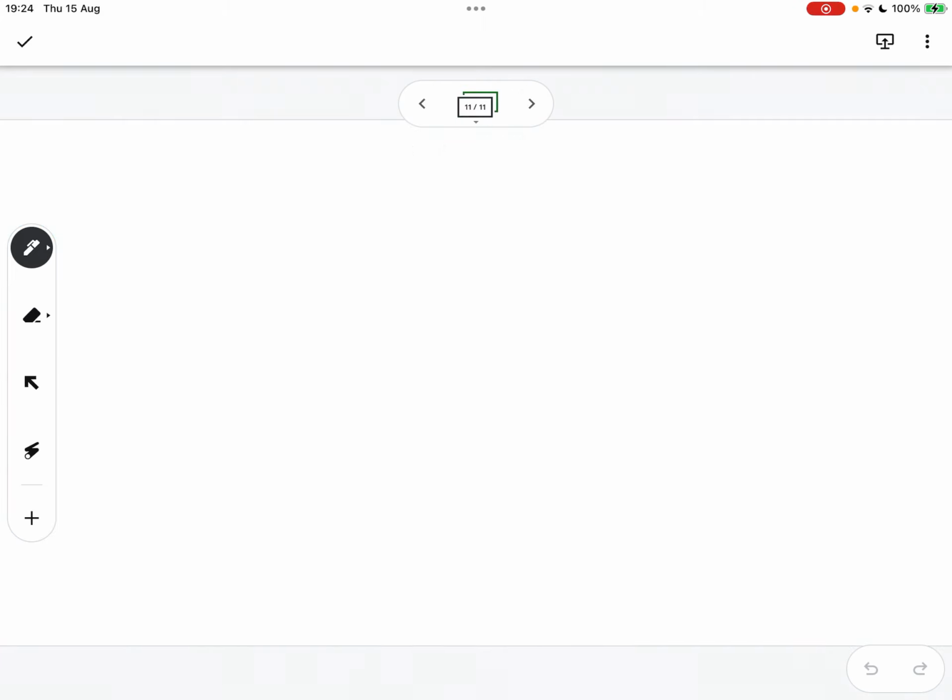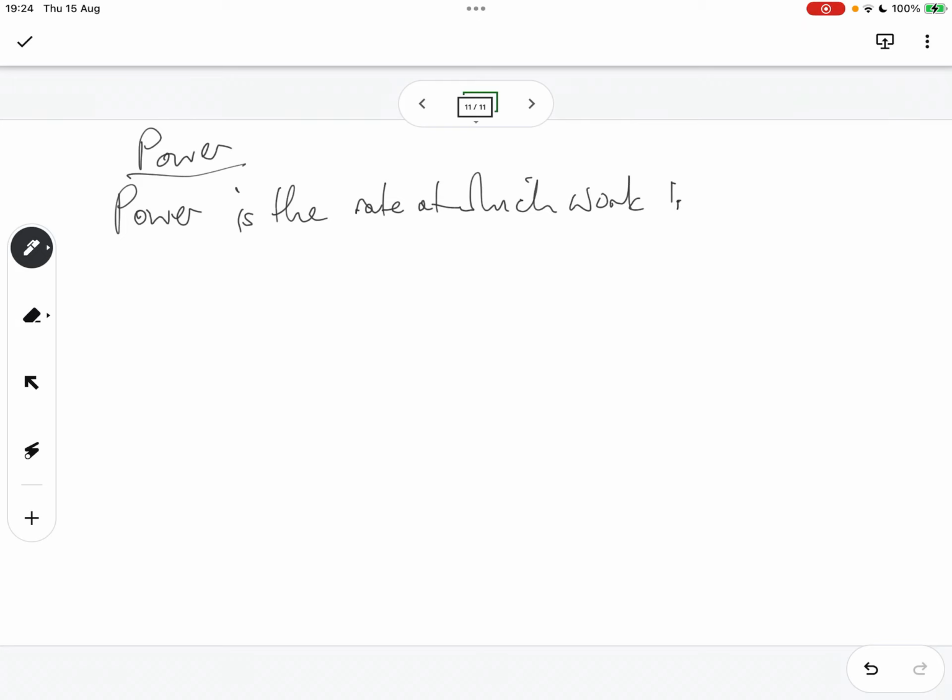And then we have another definition, which is that of power. And power is simply the rate at which work is done or energy is transferred, right?